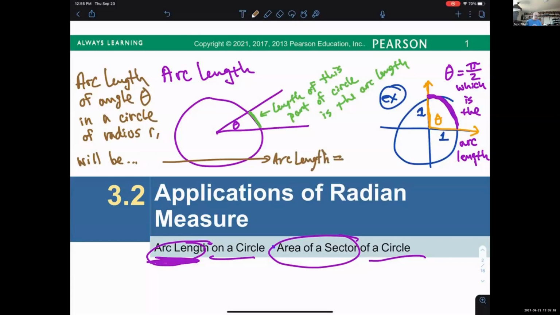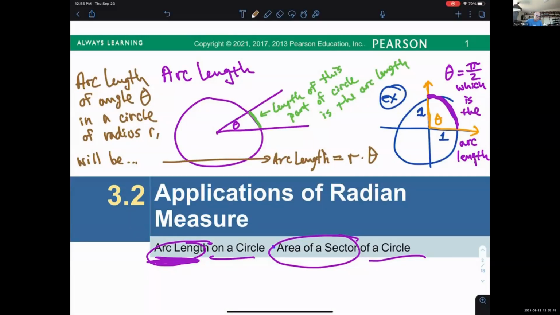As I was saying, in a unit circle, theta is the arc length for that angle opened up in the circle. If the circle is 2 times bigger, the radius is 2, you would double that. If it's 3 times bigger, you triple that. So basically the way you can think of the arc length with a radian measure angle theta is that you multiply the radius of the circle times the size of the angle that you would have gotten for a unit circle.